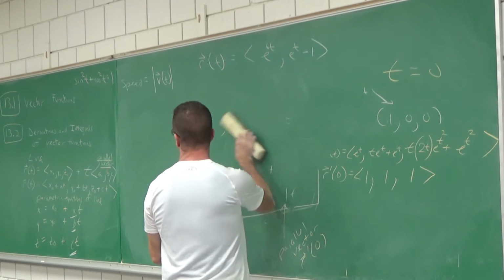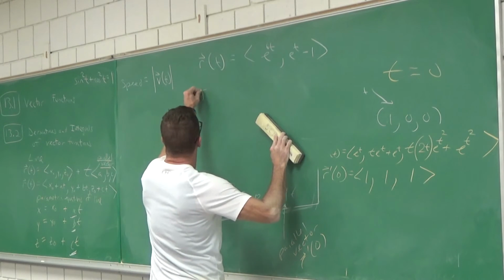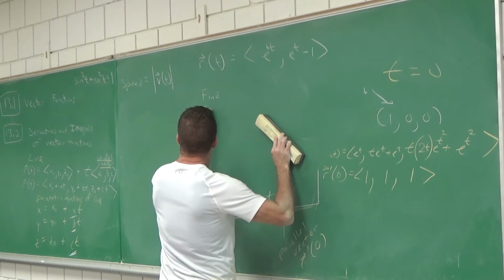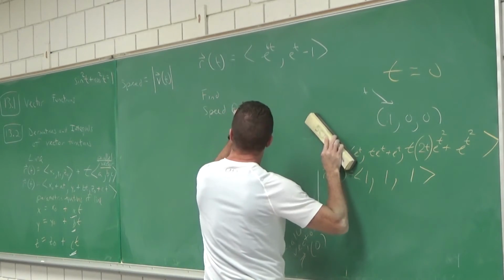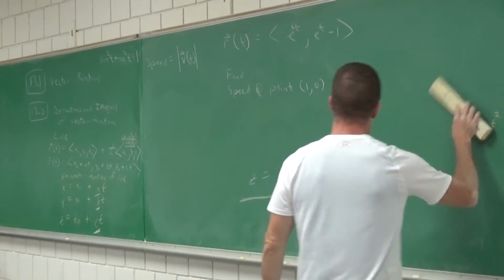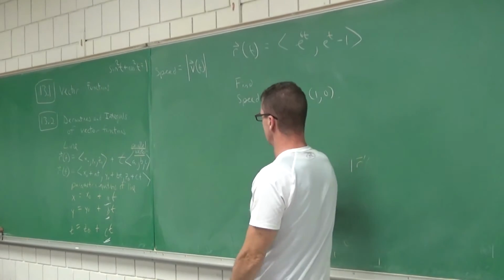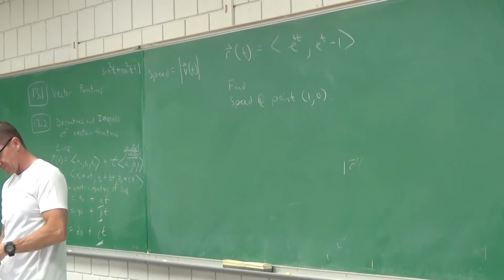Can you find the speed at the point 1, 0? Sure. Find the speed at the point 1, 0. Speed is what? The magnitude of the velocity vector.